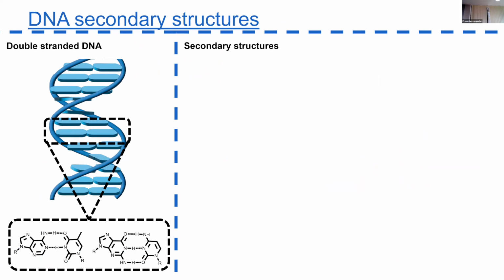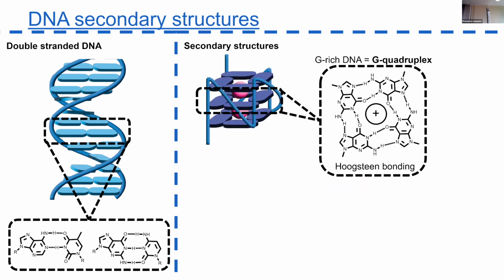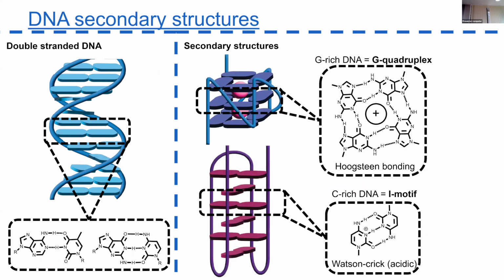So rather than the double-stranded DNA structure that you're all familiar with, DNA G-quadruplexes and i-motifs can also be formed under particular circumstances. G-quadruplexes are formed by the stacking of a structure called a G-tetrad, which is formed by four guanines that form a kind of hydrogen bond network between each other, and they stack on top of each other to form the secondary structure of the G-quadruplex.